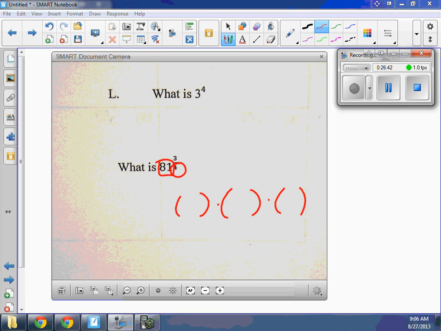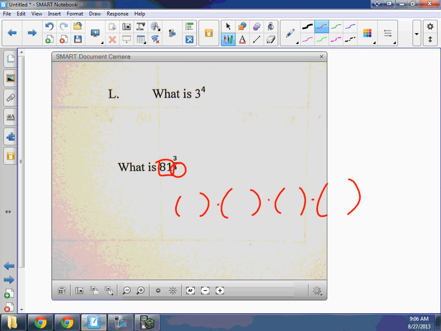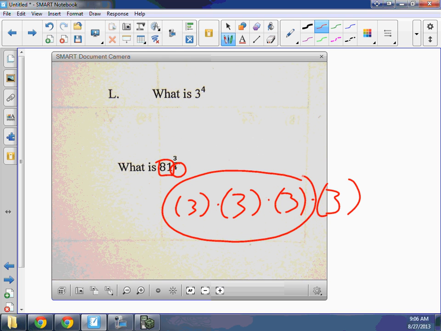So do I have a number, something times itself times itself times itself, that's 81? What is that number? 3. So 3 times 3 times 3 times 3. How many of those 3's am I going to keep? 3 of them. And what is 3 to the 3rd? 27. What if it said the 5/4?